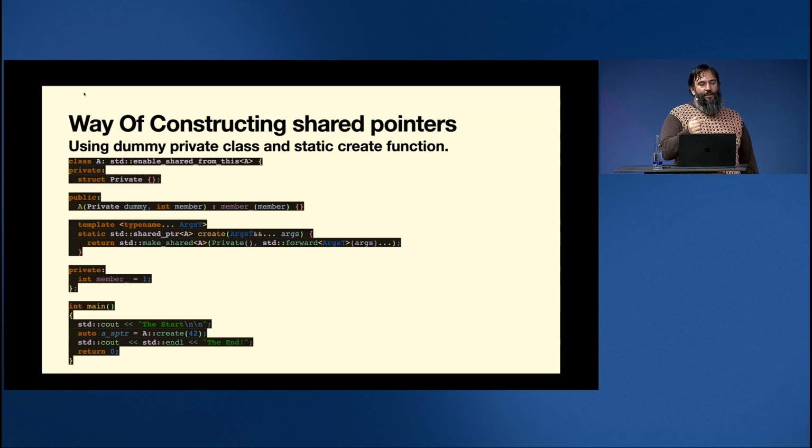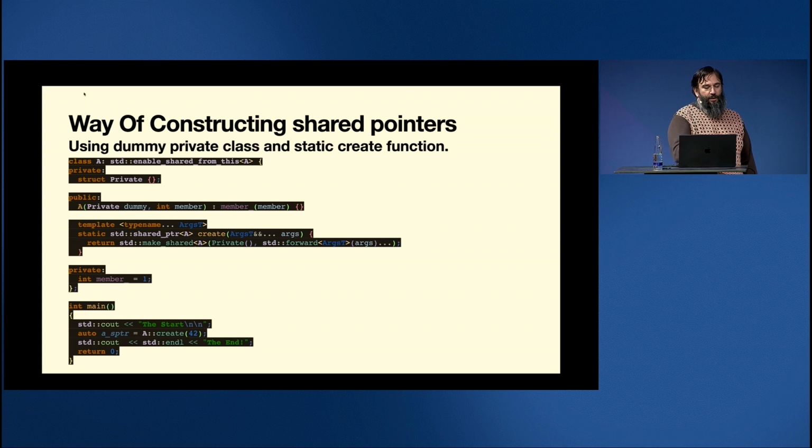And now you can declare a static create function which instantiates this dummy object, which has nothing inside, it's just there for the semantics to avoid others being able to construct you. Then you can do perfect forwarding with parameter packs to pass the rest of the members into your constructor argument list.